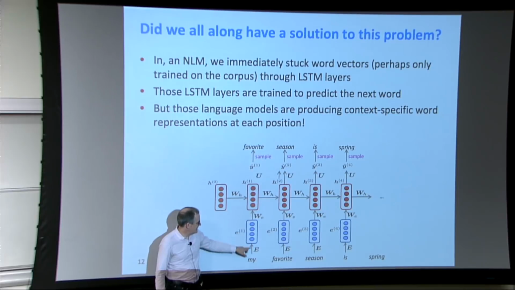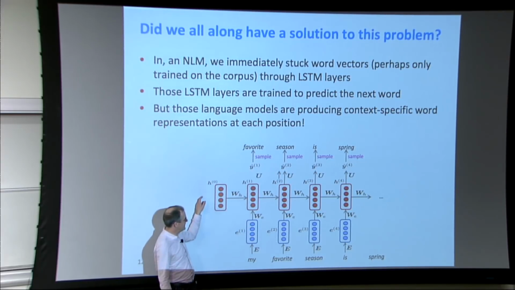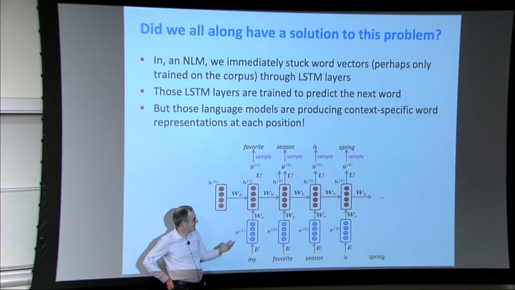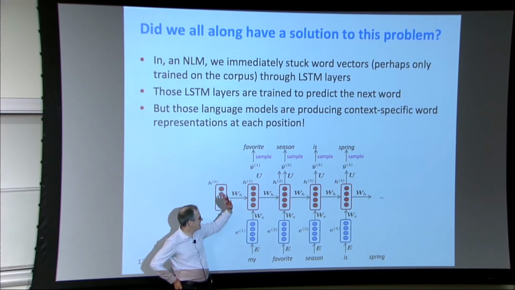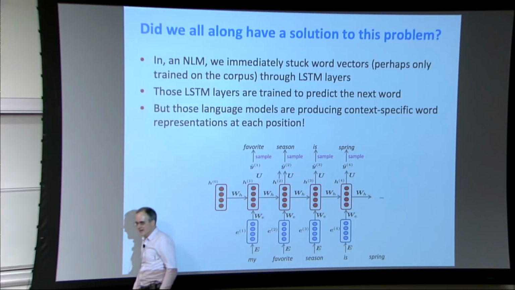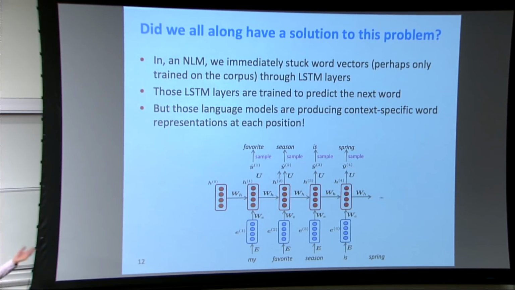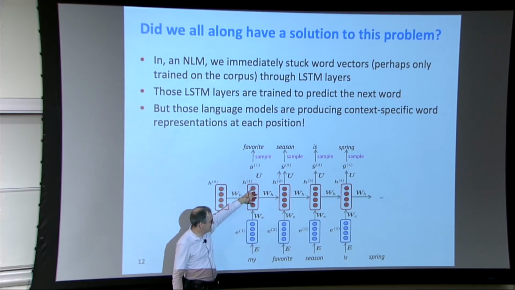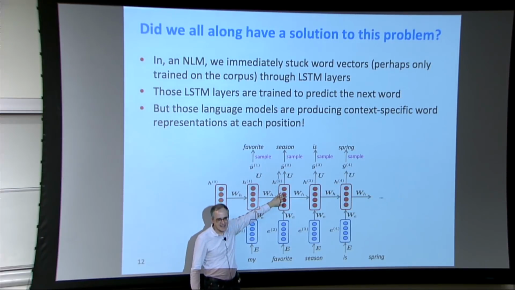At the bottom, you fed in the word vectors, but then you ran across one or more recurrent layers, something like an LSTM layer, and it was calculating these representations that sit above each word. The role of those hidden states is a bit ambivalent. They're used for prediction, for the next hidden state and output states and so on. But in many ways you can think of these representations as representations of a word in context.